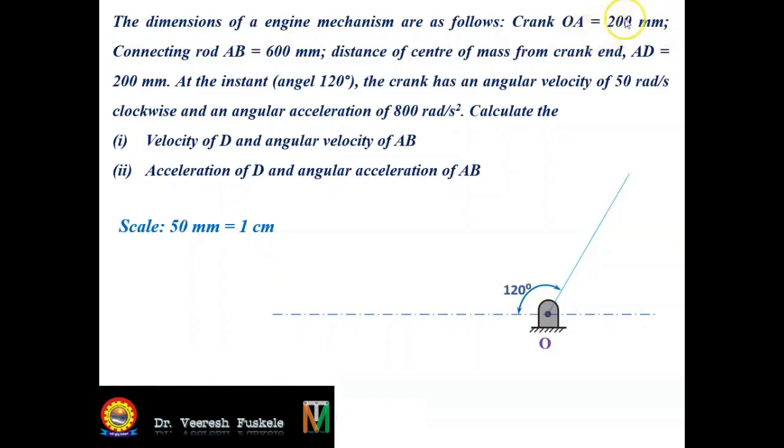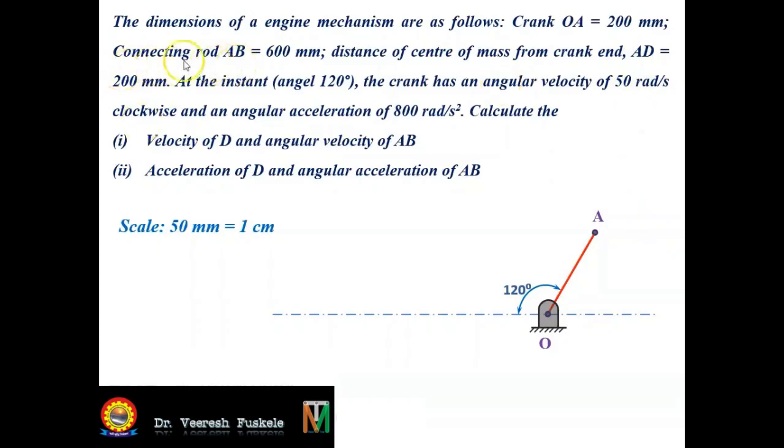Now, since the crank is 200 mm and according to the scale taken, the crank will be represented by 4 centimeters. So we will take up a length 4 centimeter on our compass and we will cut the length on this line. So we get the point A and OA as crank.